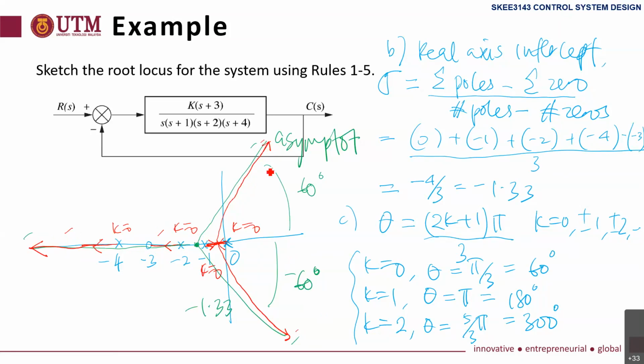Any question on this? 1.33 is not a real axis intercept. Any question?